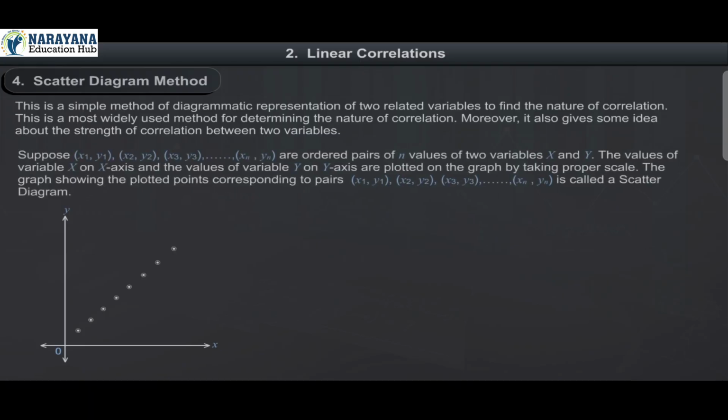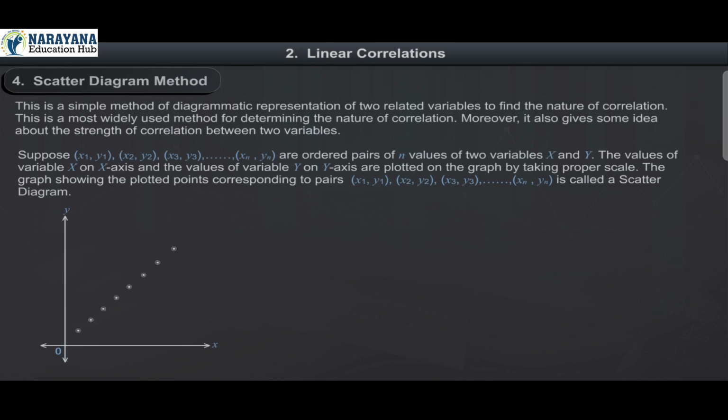Suppose (x1, y1), (x2, y2), (x3, y3), up to (xn, yn) are ordered pairs of n values of two variables x and y. The values of variable x on the x-axis and the values of variable y on the y-axis are plotted on the graph by taking a proper scale.